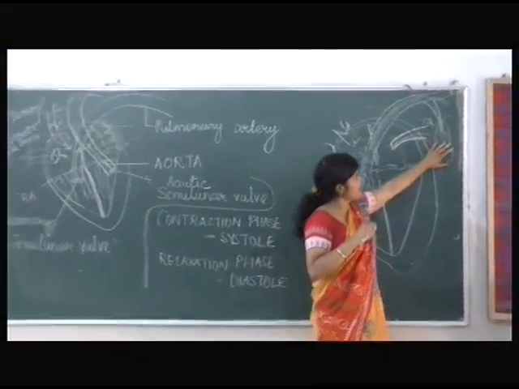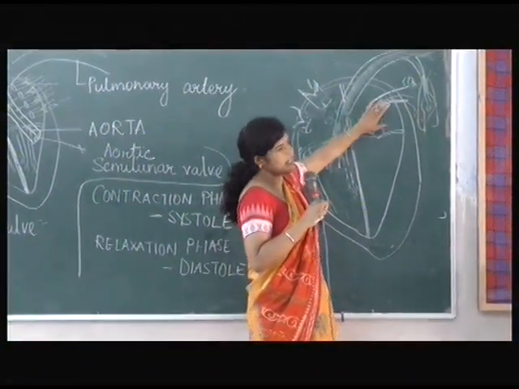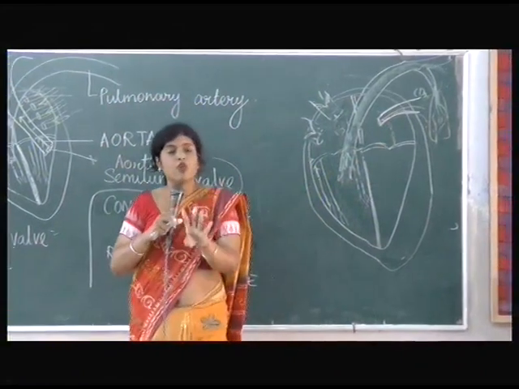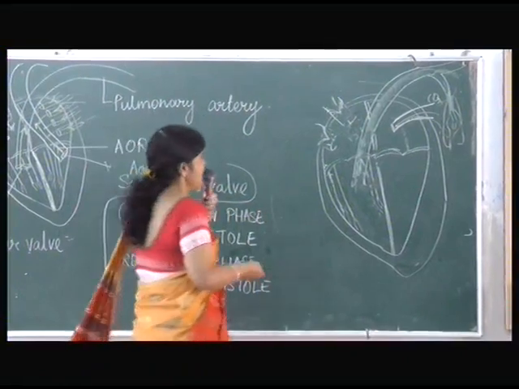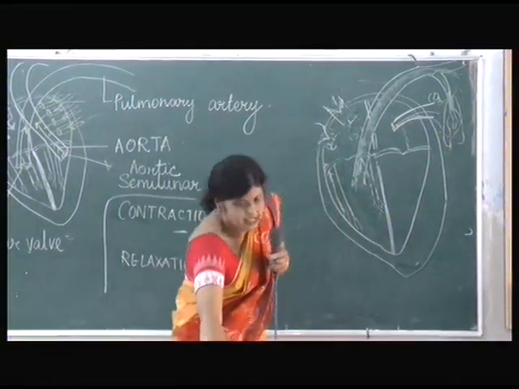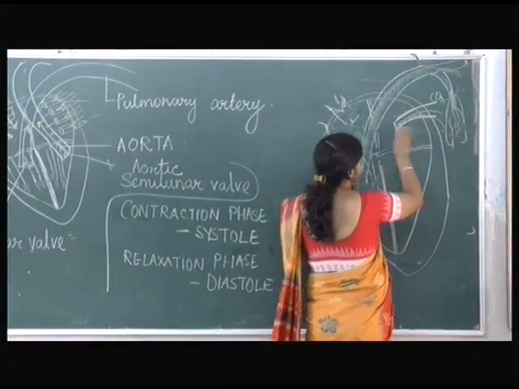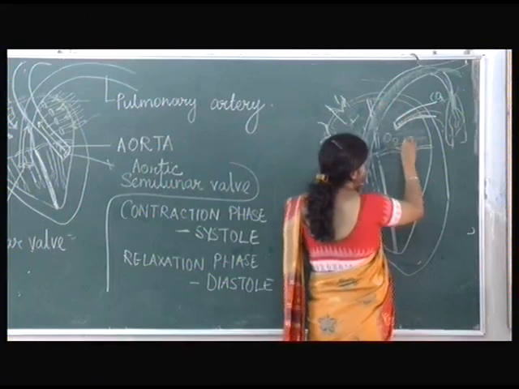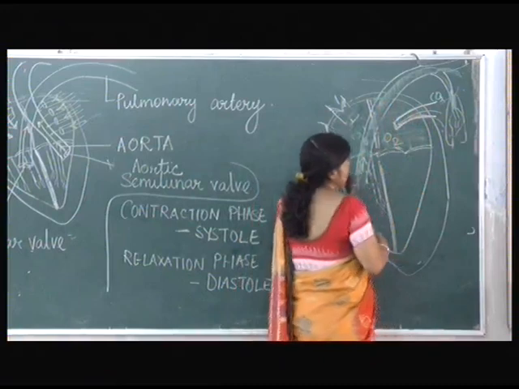And which blood vessel is bringing back blood into the heart? It is the pulmonary vein. And how many pulmonary veins? 4 pulmonary veins, 2 from each lung. Is it okay? Now what are we seeing? Till here was deoxygenated blood, but now it has got oxygenated. Is it clear? It is full of oxygen, because it has returned from the lungs.